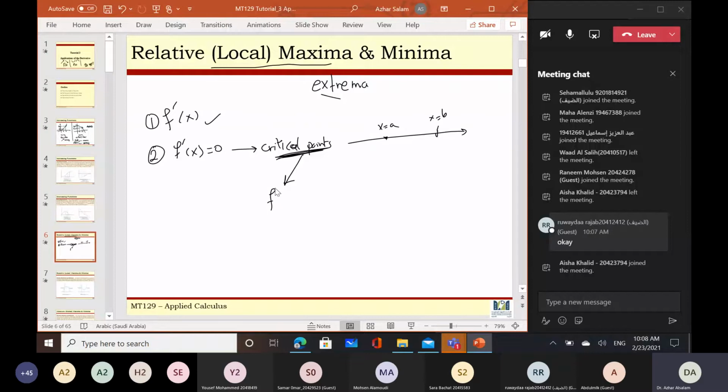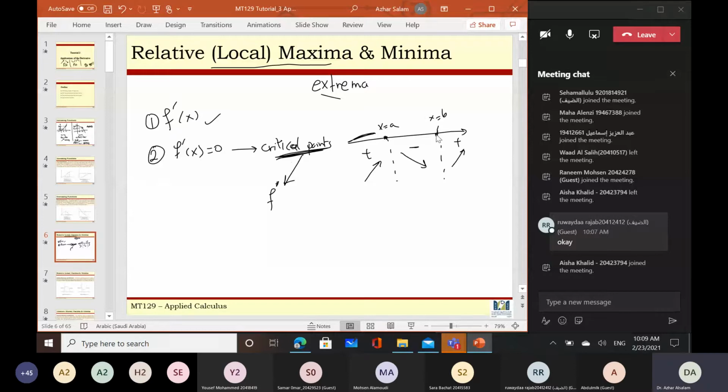Then I make the first derivative test here. For example, at this interval it was positive, and this interval it was negative, and this interval, for example, it was positive. So here it will be increasing, here decreasing, and here increasing. Okay, I make the first derivative test in each interval.